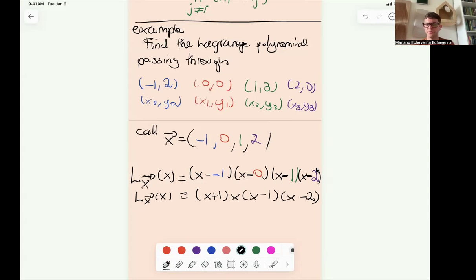So far, so good up to this point? And then the idea is that you remove one factor at a time. That's the prototype for the polynomial.